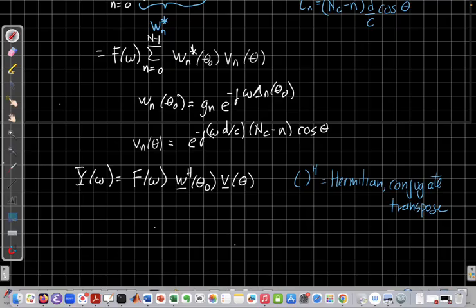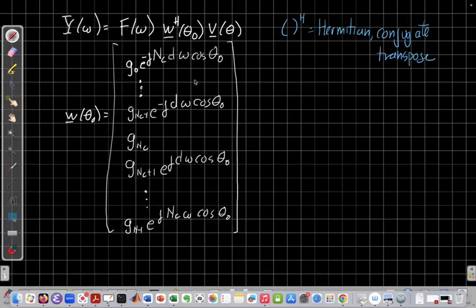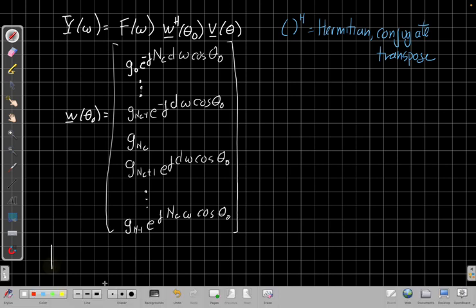So assuming that the deltas were based on a plane wave propagation, when we plug in, we have this vector going from n equals 0 down to n, and I should again have reminded us that nc is the index of the center element, assuming we have an odd number of elements in our array, like we saw when we talked about plane waves. So nc is n minus 1 over 2.